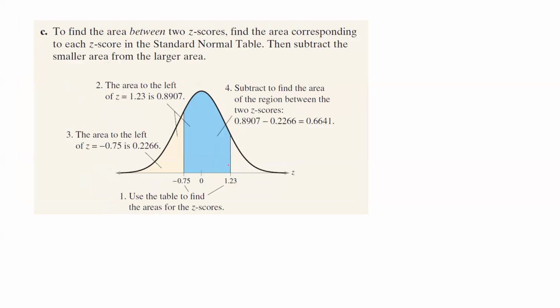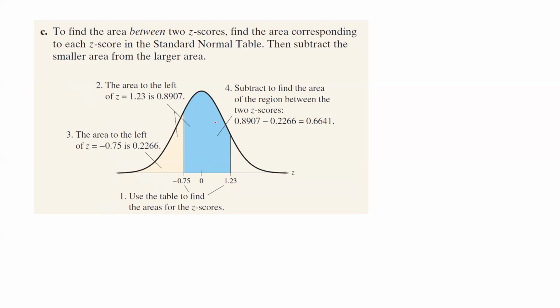And finally, if I ask you to find the probability or area bounded between two numbers, logically, you're going to say that the area to the left-hand side of 1.23, which is this larger area, is 89.7%. The area to the left-hand side of negative 0.75 is this area, which is 0.2266. If you do the subtraction between them, you get the middle area, which is 66.41%.